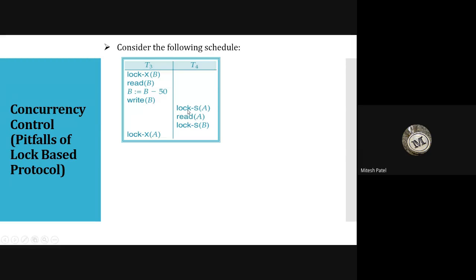But after that, T4 gets the lock S on A. Now on data item A there is no lock, so T4 gets this lock, because the data items are different.